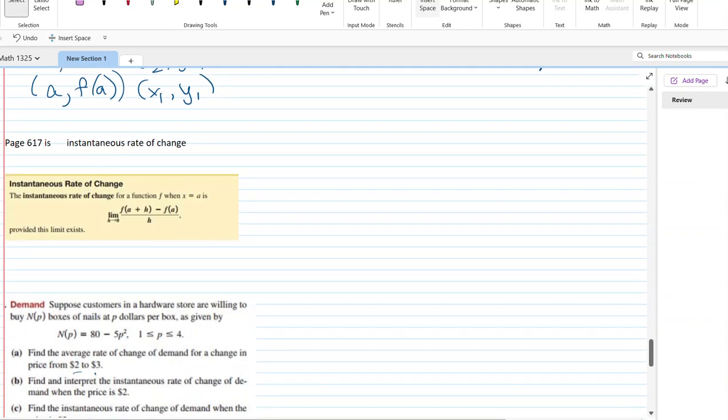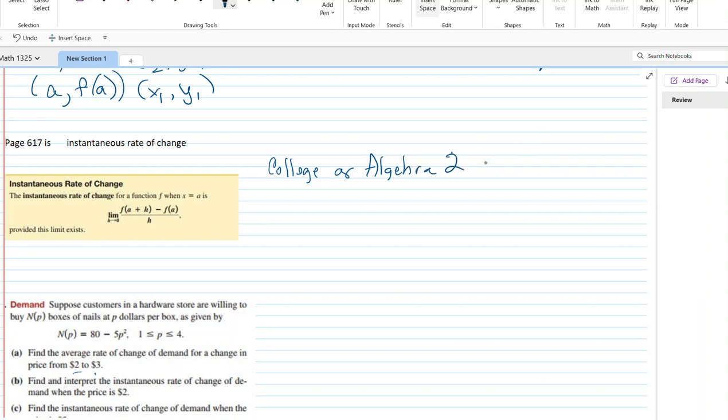Now, the other one is the more important, and this is the instantaneous rate of change. Now, in college algebra or algebra 2, we know it as the difference quotient. Calculus knows it as the instantaneous rate of change.